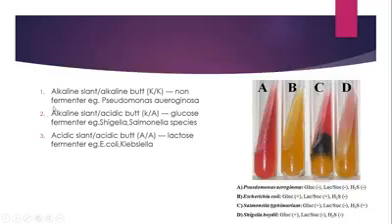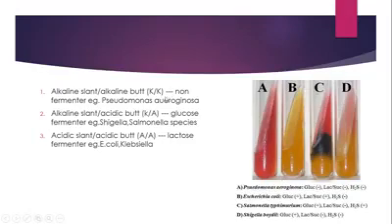Okay, so now we are going to interpret the results. In case of A, as you can see here, the butt is red while the slant is also red. Firstly we are going to write down the slant, and then after a slash we're going to write about the butt.